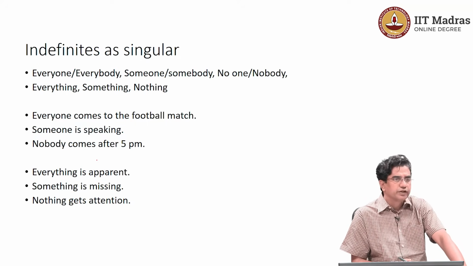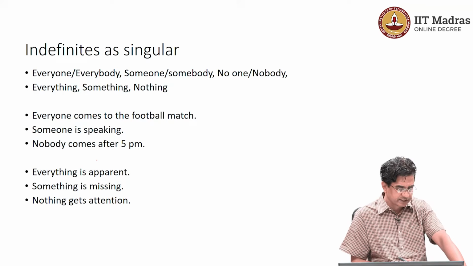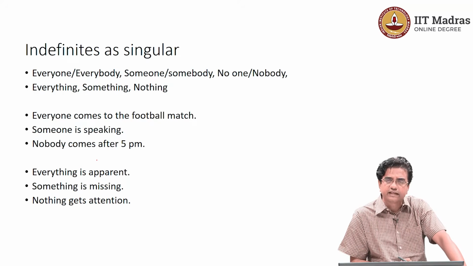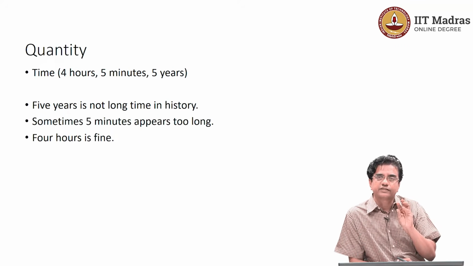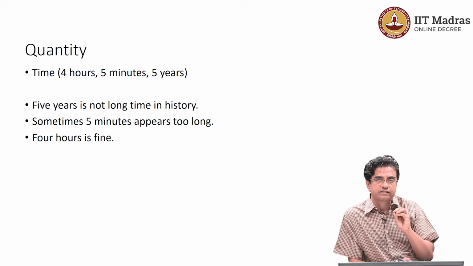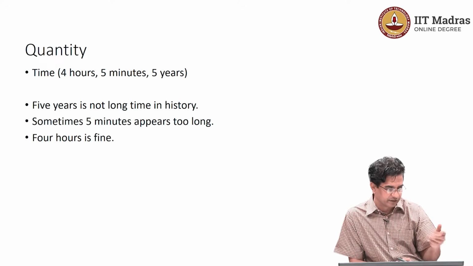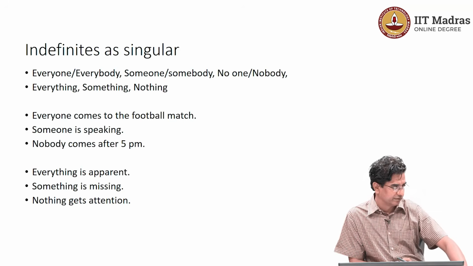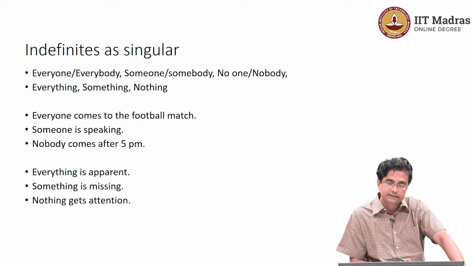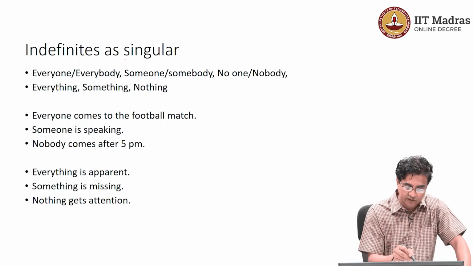Just to bring your attention to this specific part, that indefinite nominals, or nouns or pronouns which don't refer to anything definite, are called indefinite nominals, and they are always taken as singular.